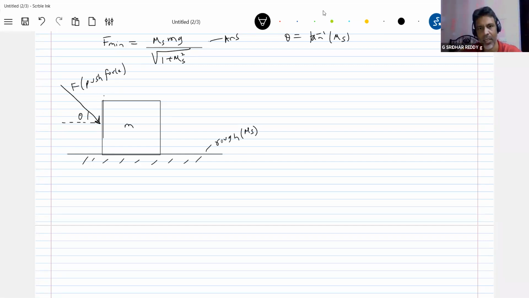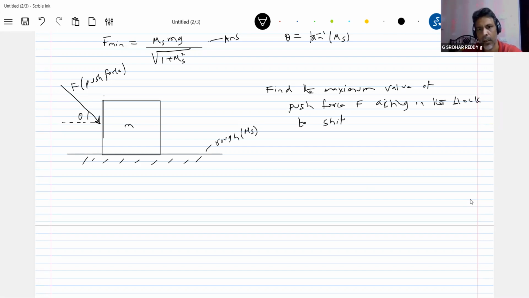So let me put it: find the maximum value of push force F acting on the block at an angle theta with horizontal to shift the block.